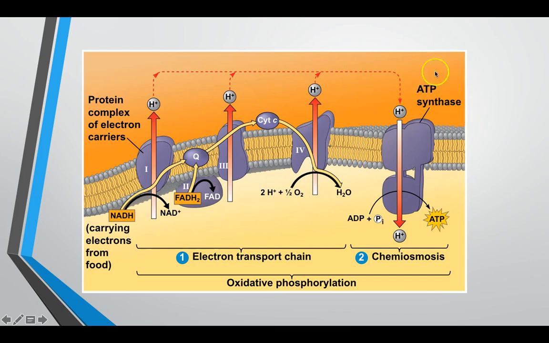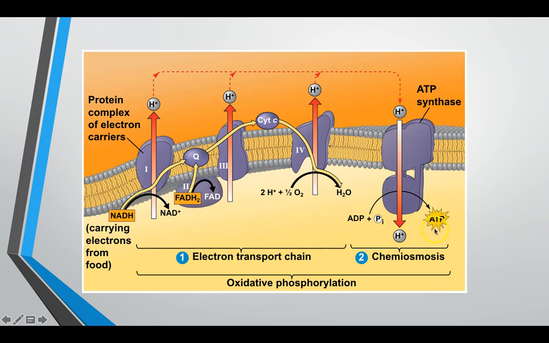And ATP synthase is the enzyme that catalyzes the reaction between ADP and inorganic phosphate to make ATP. The energy, the charge difference that is created as these protons re-enter the mitochondrial matrix is used to catalyze the reaction of ADP forming a bond with inorganic phosphates to make ATP.